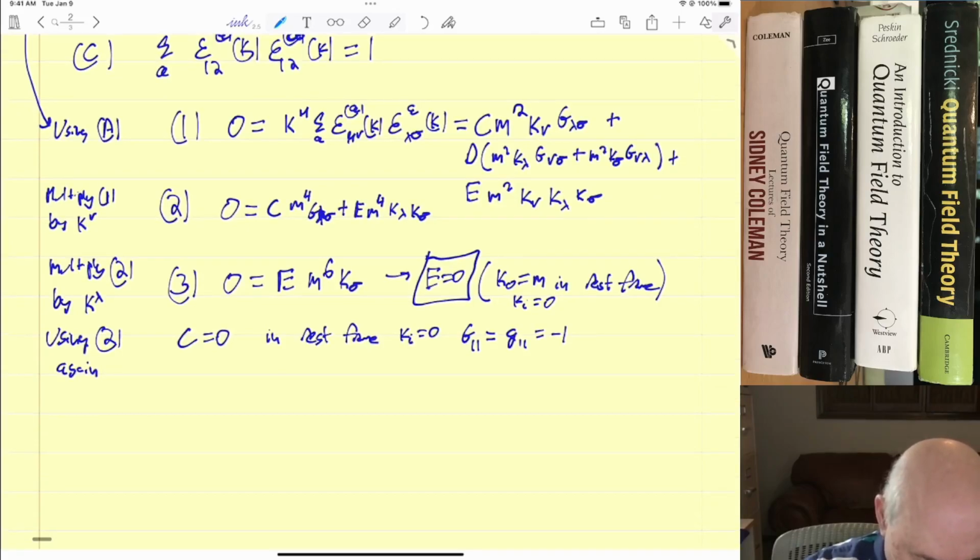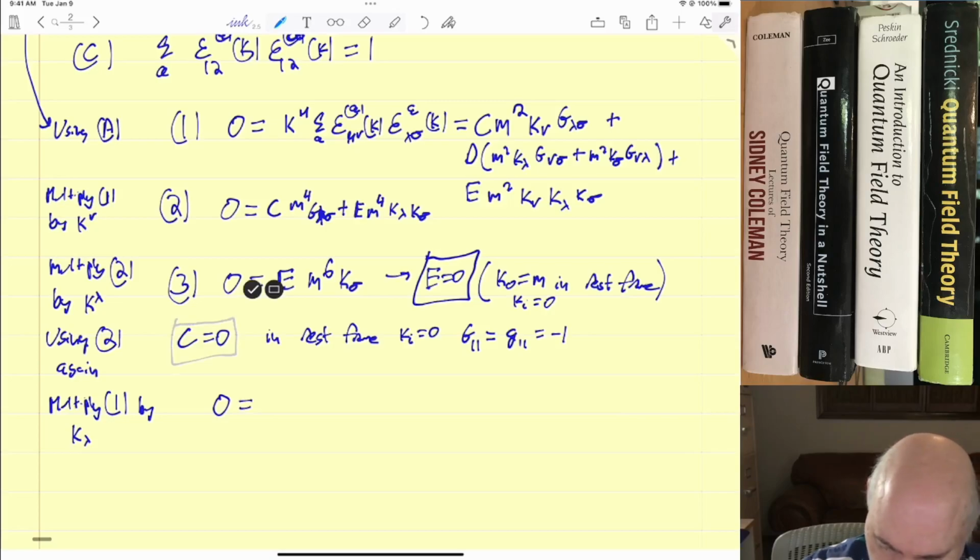Now, using what we have, multiply equation 1 by k lambda. So this is our equation 1, and we get 0 equals, remember E and C are already 0.